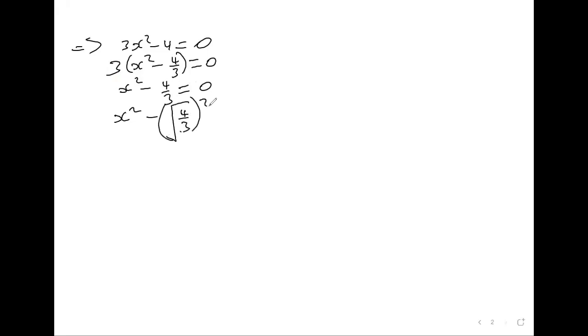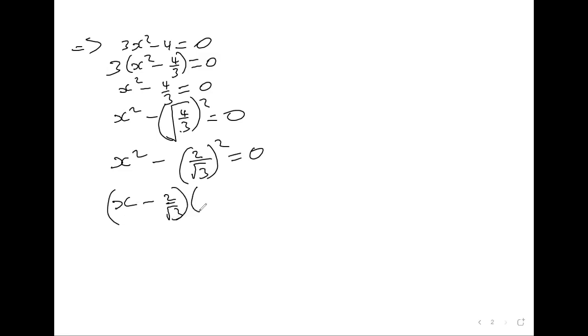We know that root of 4 is 2, so we have 2 over root 3, squared. So by difference of two squares, this can be written as x minus 2 over root 3 times x plus 2 over root 3 equals 0.